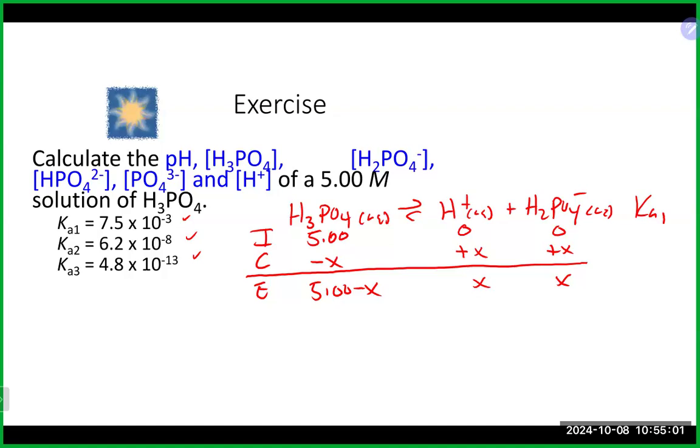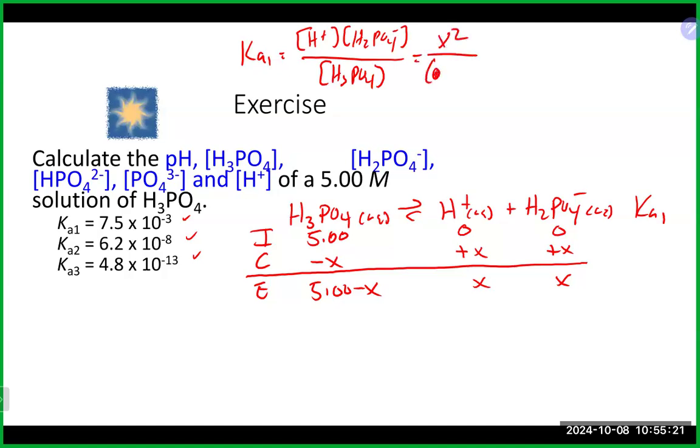We're going to put this into our Ka1 expression, which is our products, H plus times H2PO4 minus, divided by H3PO4. That gives us x squared divided by 5.0 minus x equals our Ka1, 7.5 times 10 to the minus 3.